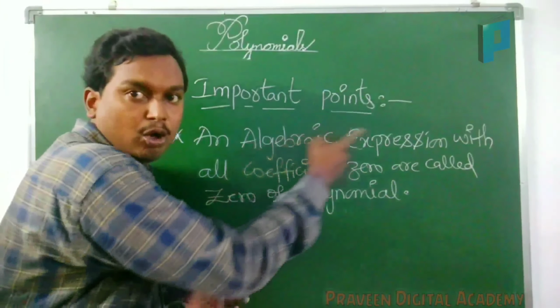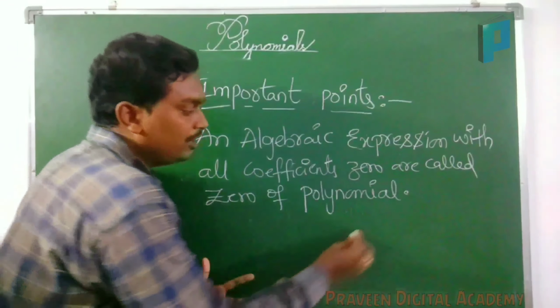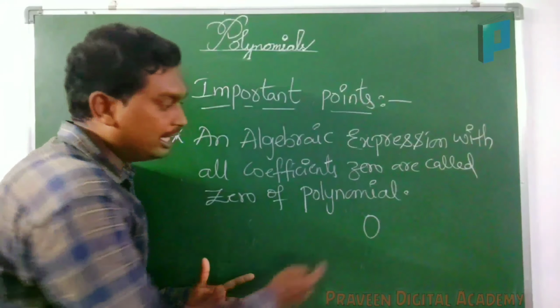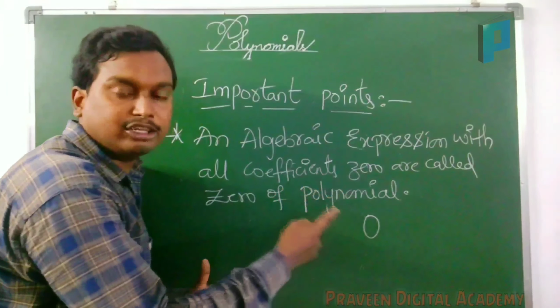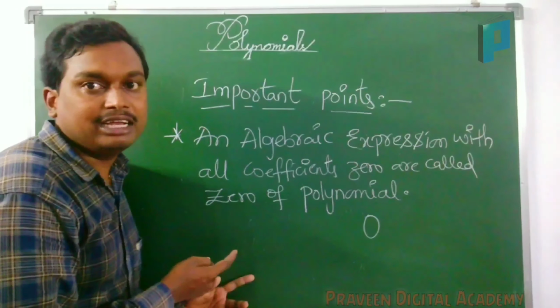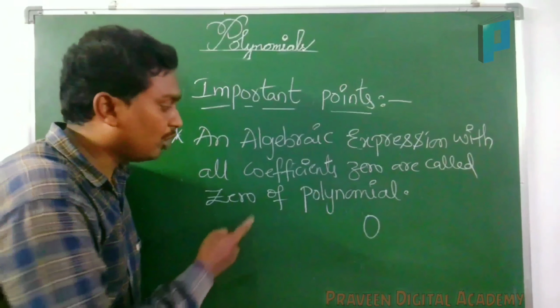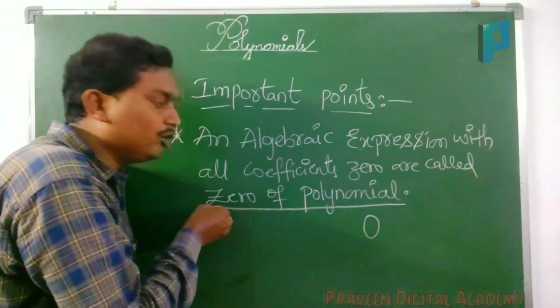If you have an algebraic expression with all coefficients 0, that means you have 0 into x cube, 0 into x square, 0 into x plus 0. Wherever you have that kind of thing, that is called the zero polynomial.